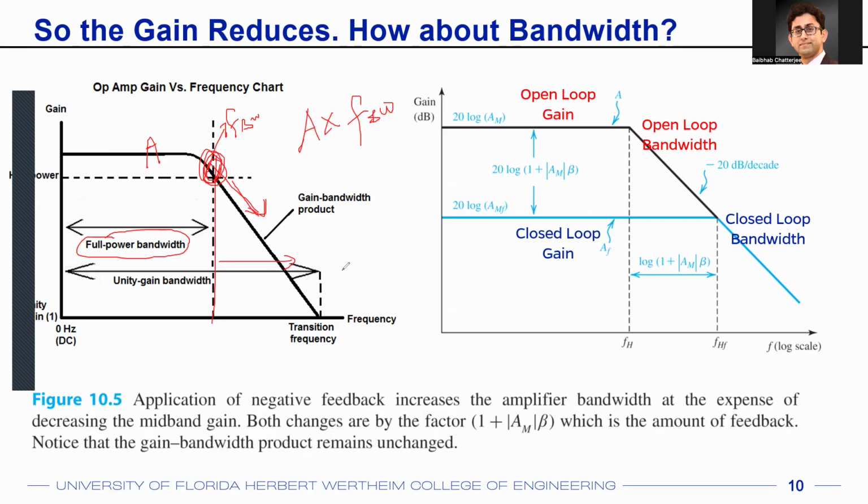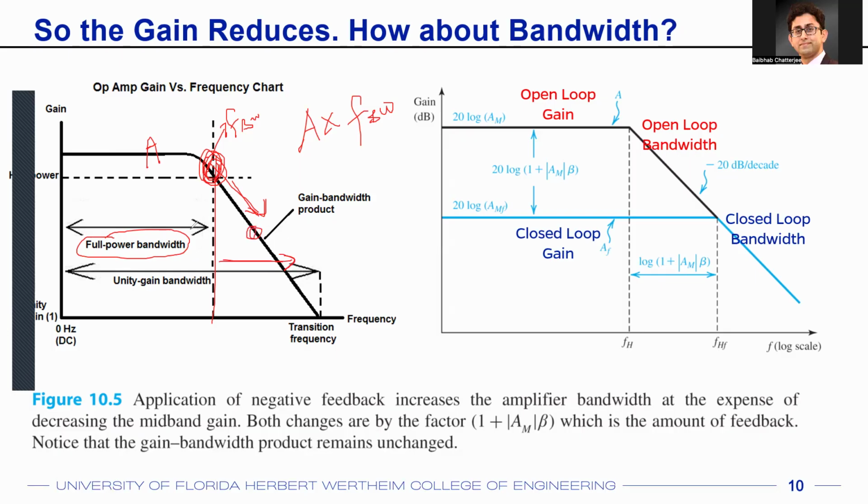You might have heard about this, again, in 3111 or in your labs, and also in the data sheet of op amps, you'll see the gain bandwidth product. What does that mean? That your gain times bandwidth, which is this A times F bandwidth, will remain constant on the right-hand side of the bandwidth as well.